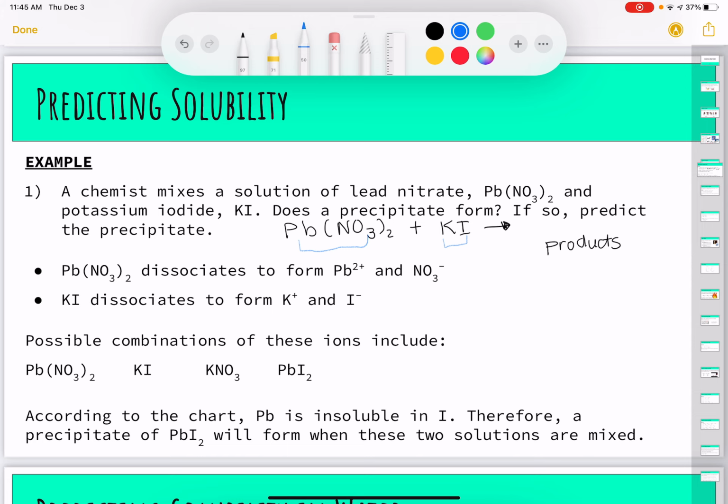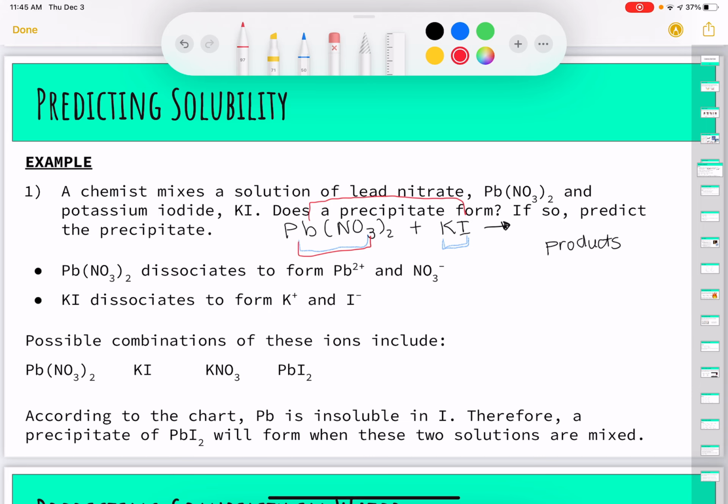When we mix them together, what happens is they switch partners. So lead was with nitrate and potassium was with iodine. And when we mix them together, they actually switch partners. So lead was with nitrate right here, but now on the other side, it's going to go with iodine.